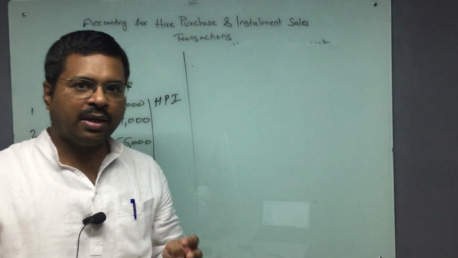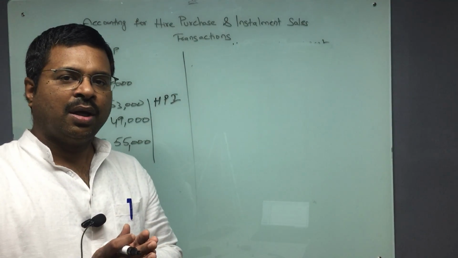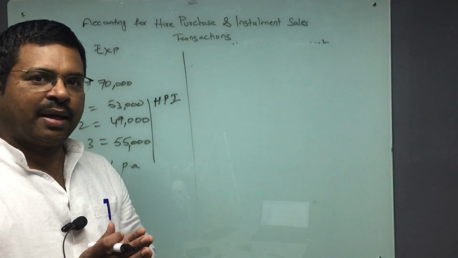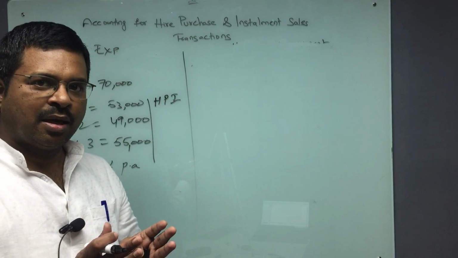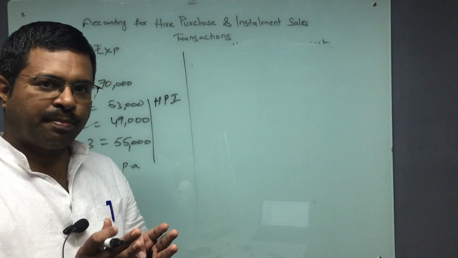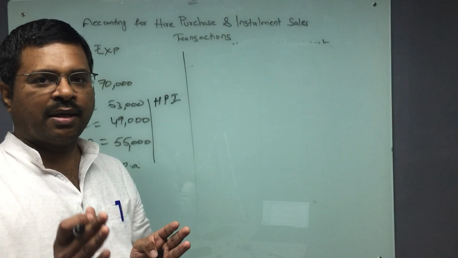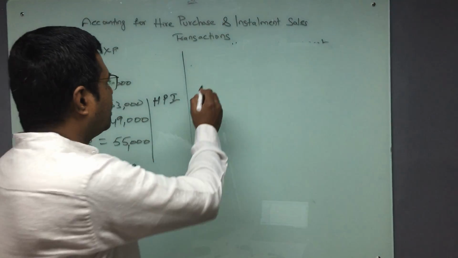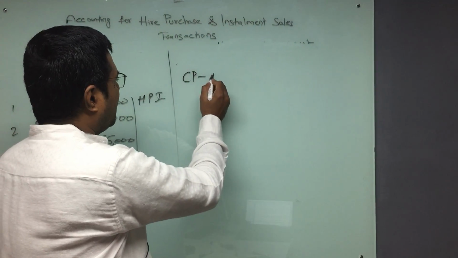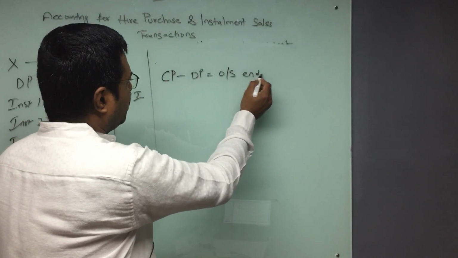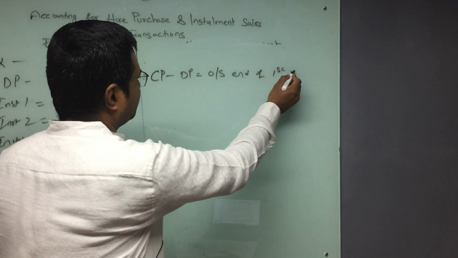When I am at the end of the first year, the total amount outstanding is cash price minus down payment is the outstanding at the end of the first year. Okay, cash price minus down payment is the outstanding at the end of first year.